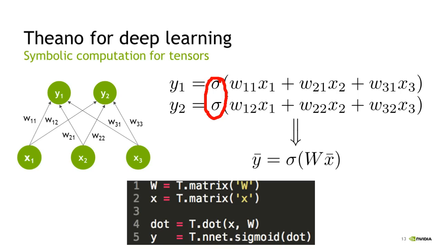So in Theano, we can define w and x symbolically, and then we can define this feed-forward operation where we pass the activations from the x layer to the y layer using tensor functions provided by Theano. If you have a mathematical background, or even more generally, this is a very natural way to express deep learning architectures and algorithms and then tie those to efficient computation.